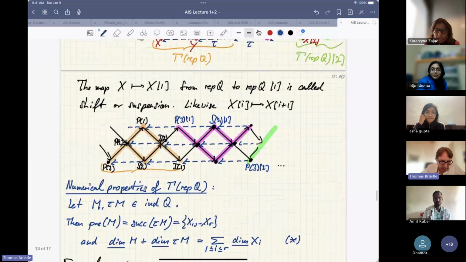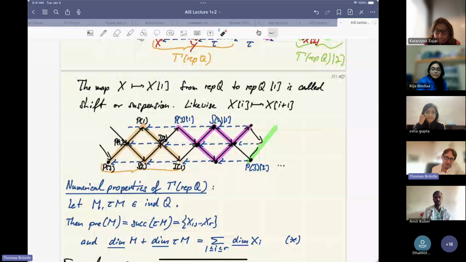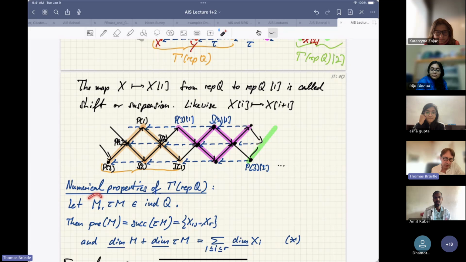Some of the numerical properties of the Auslander-Reiten quiver are the following. When I have two objects, two modules, two representations m and tau m, so this could be m, this could be tau m, and then I have the direct successors of tau m, and I have the direct predecessors of m, and these two sets coincide.